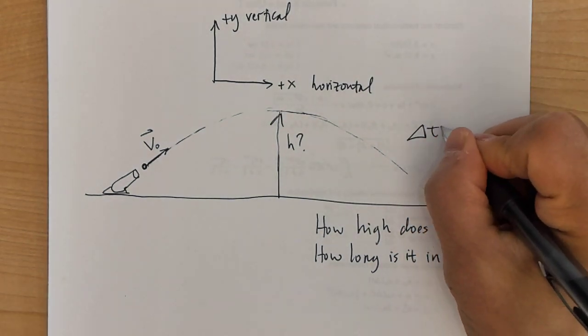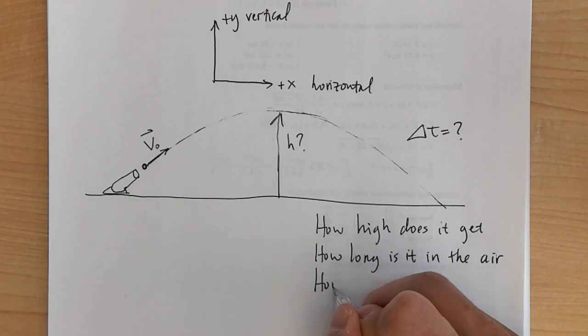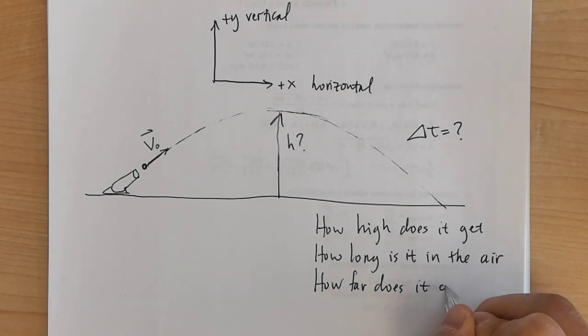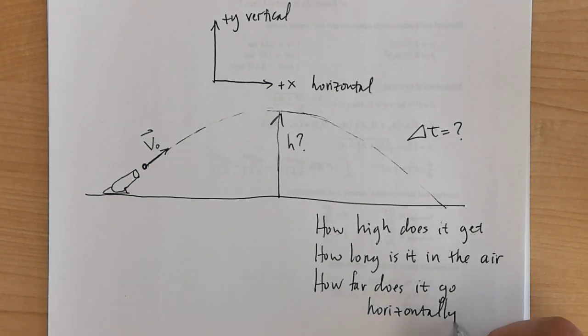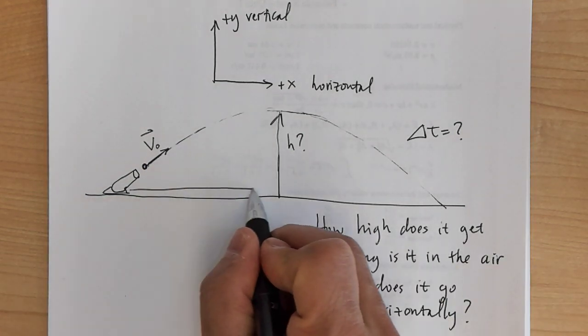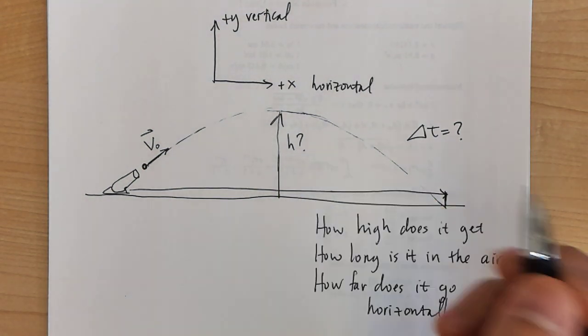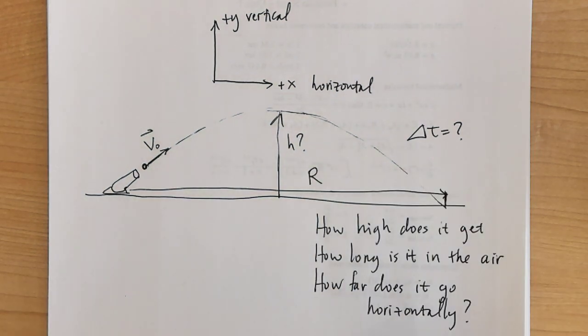So maybe delta t is the question. Or you might want to know how far does it go horizontally. That's what's called the range problem. So we'll just call it R for range.